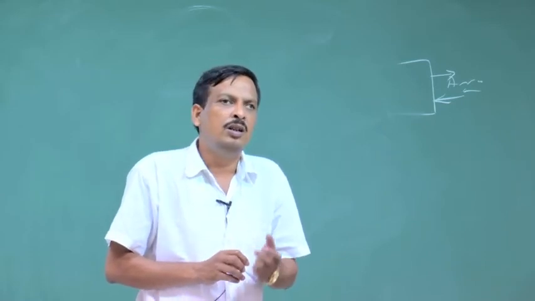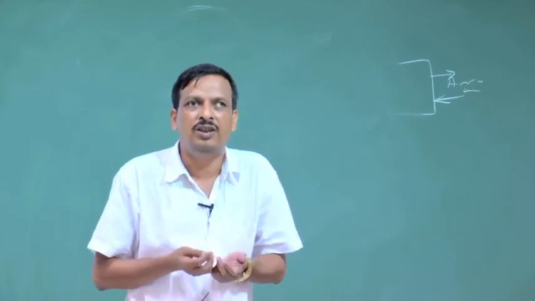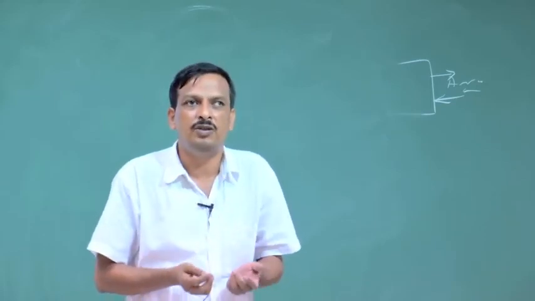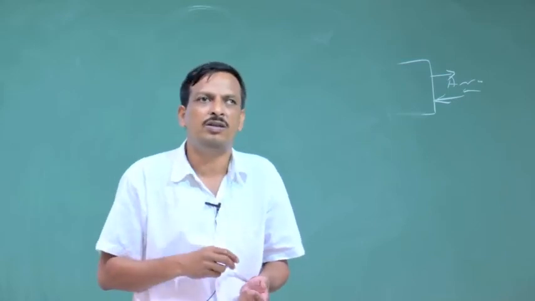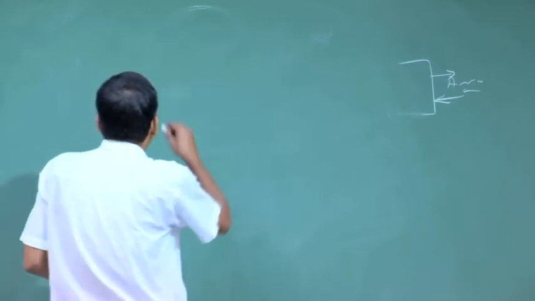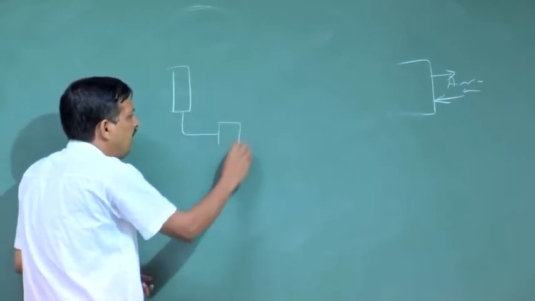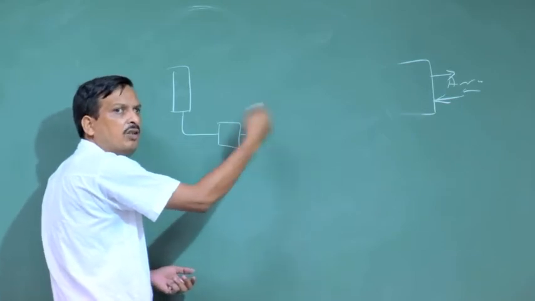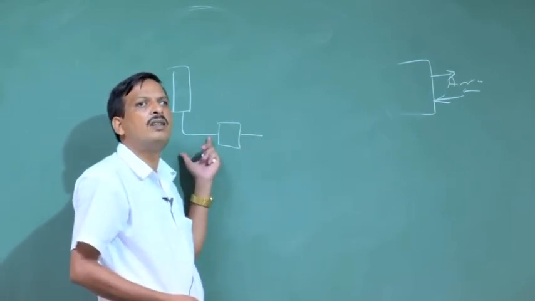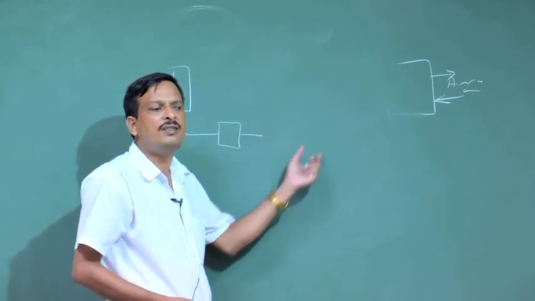So I have to convert the acoustic wave to the digital domain: first an analog signal, then analog to digital conversion. How do we do that? We use a microphone and amplifier, then analog to digital conversion, to convert the acoustic wave to a digital signal.